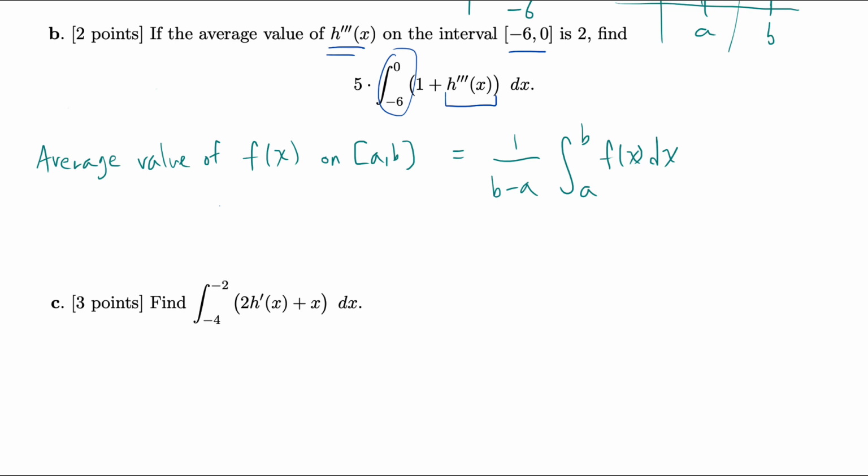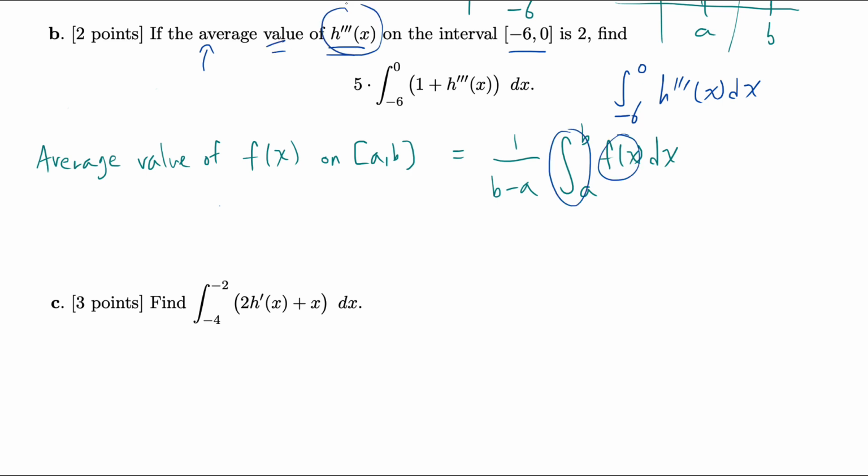Can we evaluate this in any nice way? How can we get information on this? Well, we know the average value of h triple prime of x, and we know the average value can be defined in terms of the integral of the function. Here the function is h triple prime of x. So we have all the connections we need.